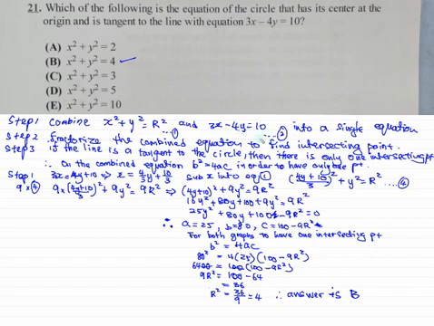Using the gradient of equation 2, and then using the formula m1 times m2. What does it mean?